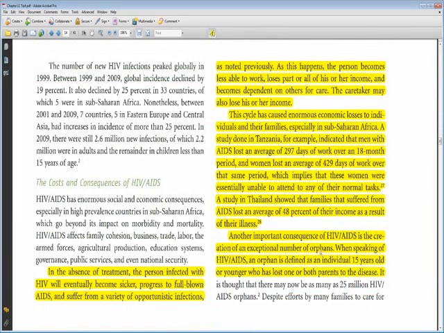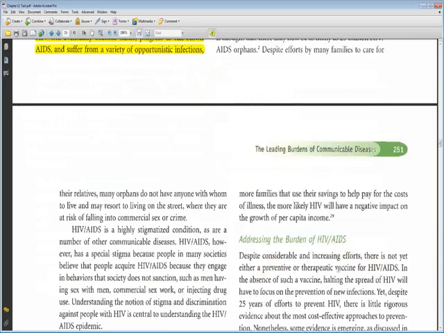And notice what they're defining as an orphan here is 15 years or younger. I dare say that's not something we would consider an orphan in the United States, but just make special note that they are talking about 15 years or younger.